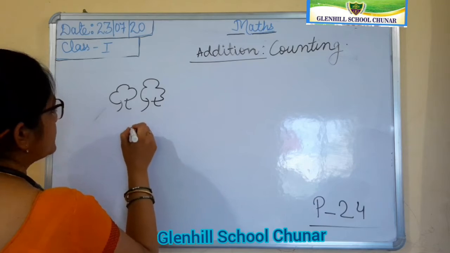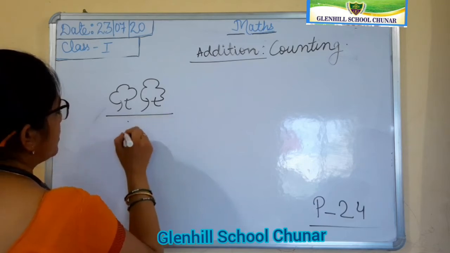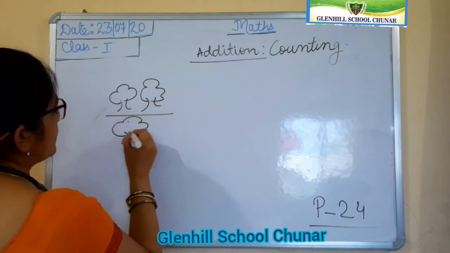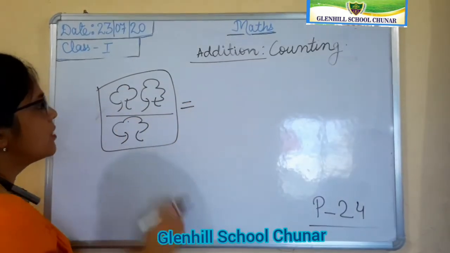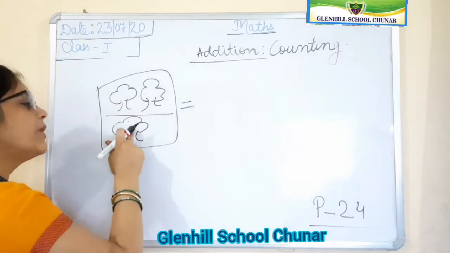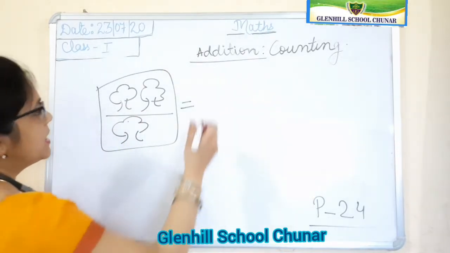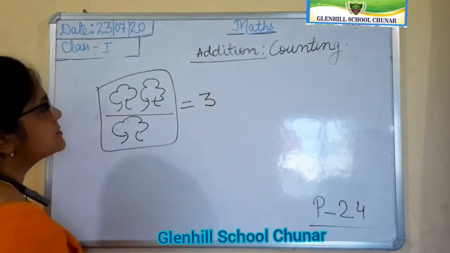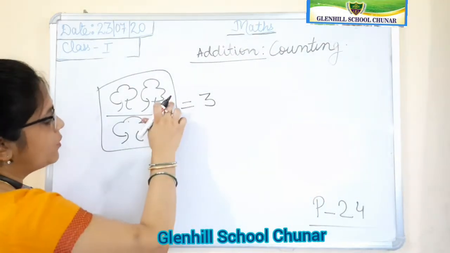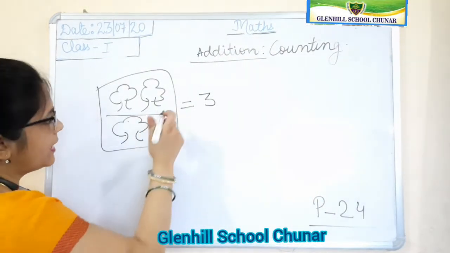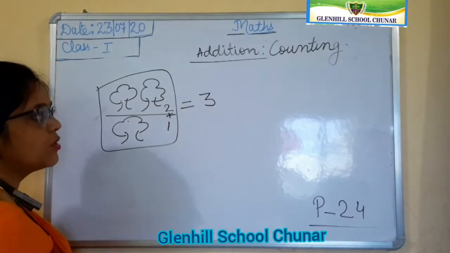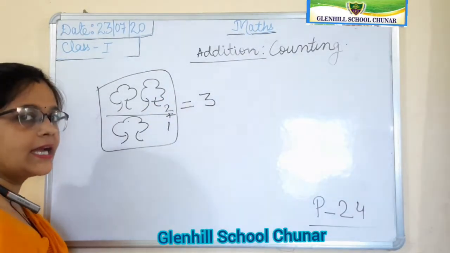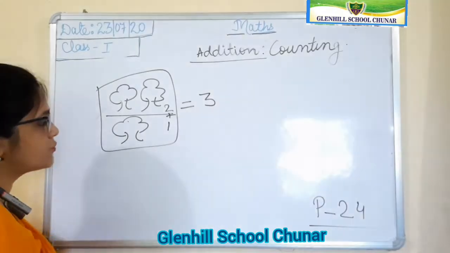And here it is one more tree. So all together how many trees? 1, 2 and 3. So 3 trees. 3 means 2 plus 1. Here it is 2, then I have done the plus, and then 1. So it becomes 3 trees. Okay, student?